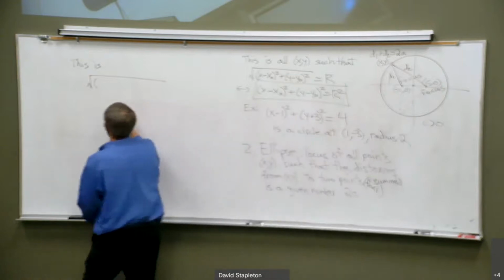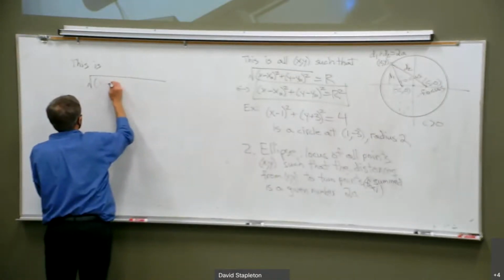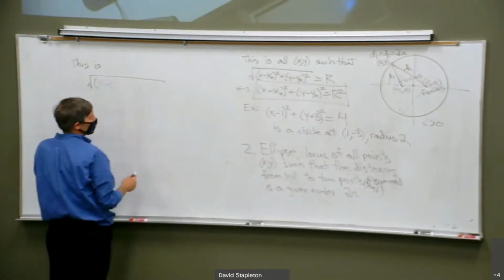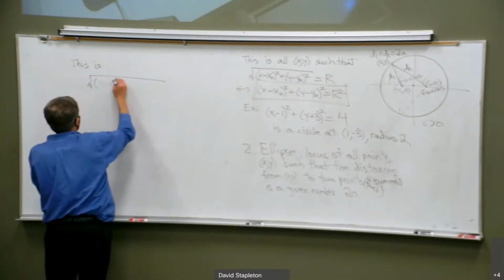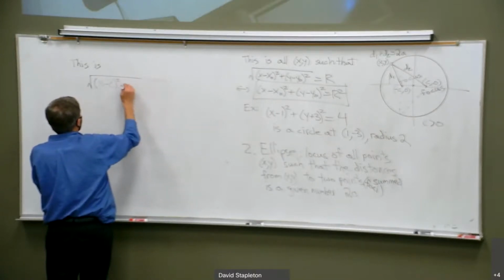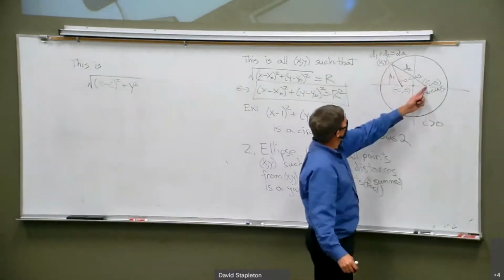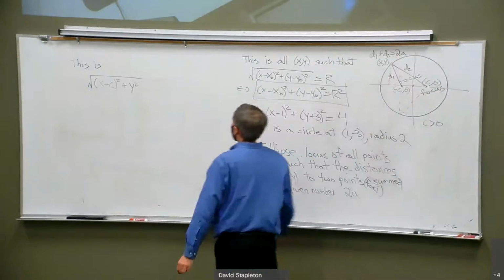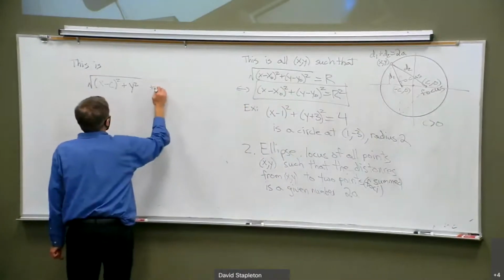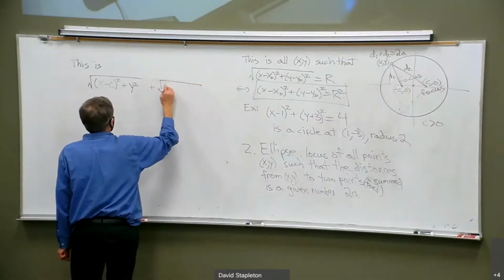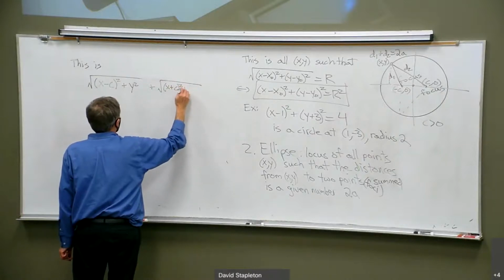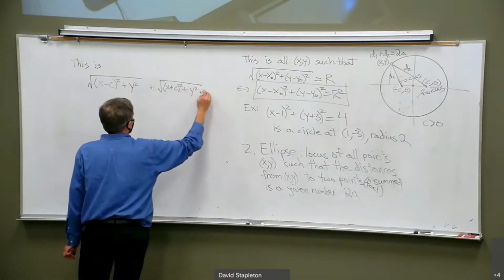So the square root of x minus c squared plus y squared is d2. And then d1 is the square root of x plus c squared plus y squared. And that all has to add up to 2a.